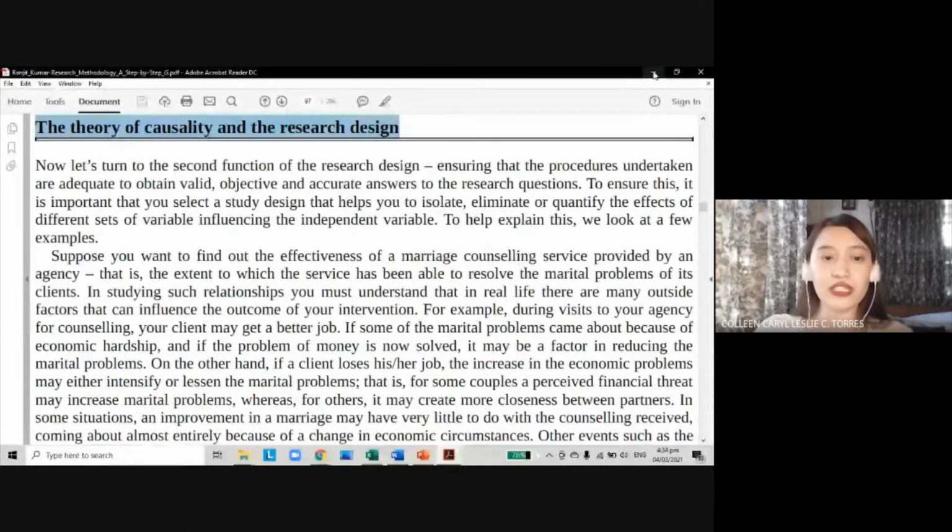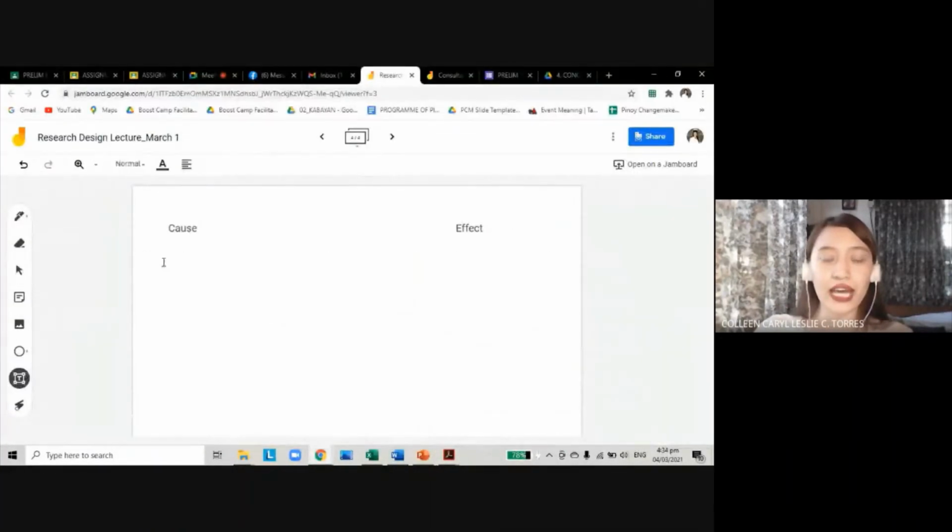So for instance, in the example that we had, the cause of the effect that we were trying to study was politicians' actions, no? The effect is spurring politicians to take action on important issues.